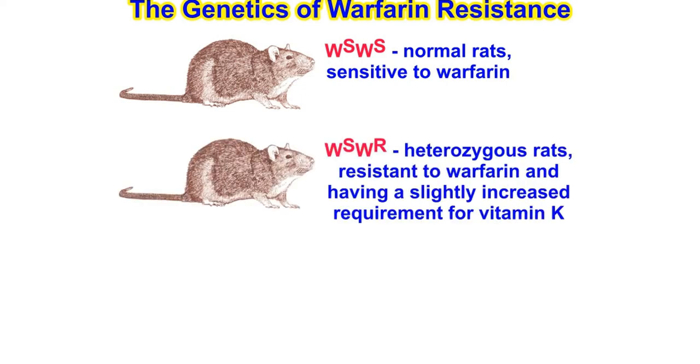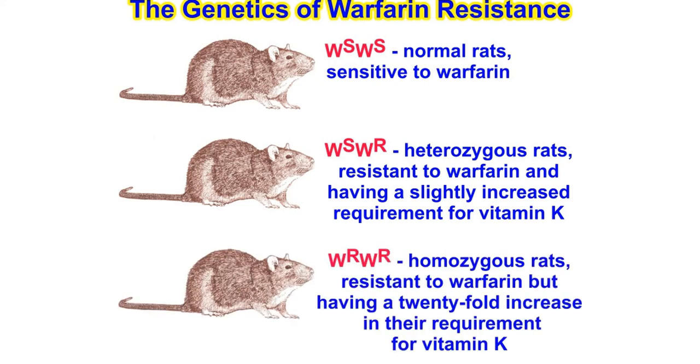There's the heterozygous rats, and they've got an allele which confers resistance to warfarin. But there is a side effect of this, and they need slightly better nutrition from their food. So they need this extra requirement for vitamin K.